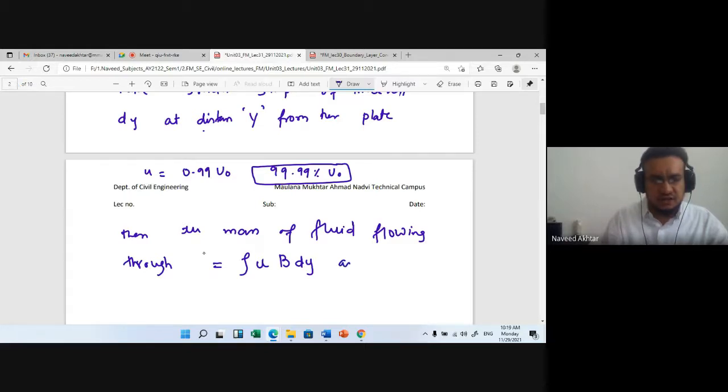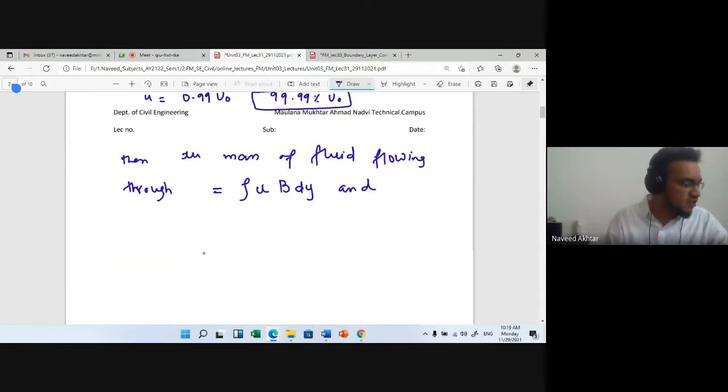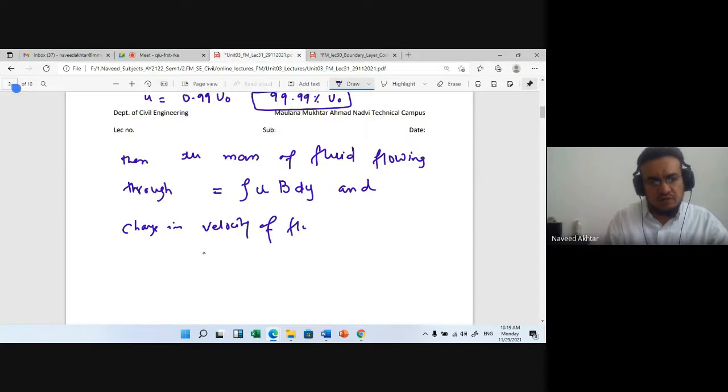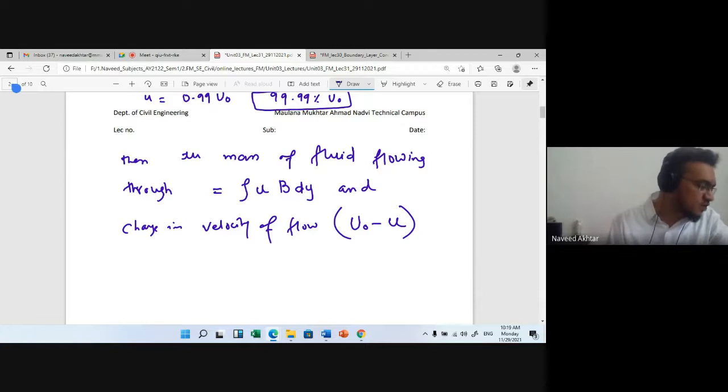And the change in velocity of flow is nothing but u0 minus u. The velocity is converting from u0 to u inside the boundary layer, that is u0 minus u.